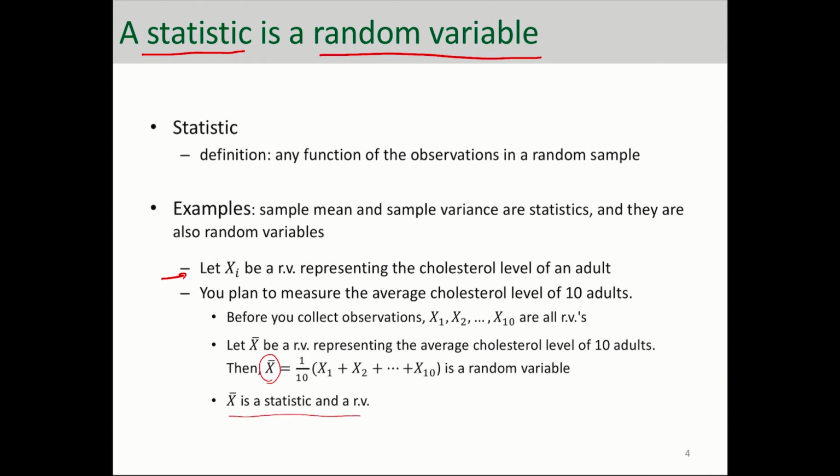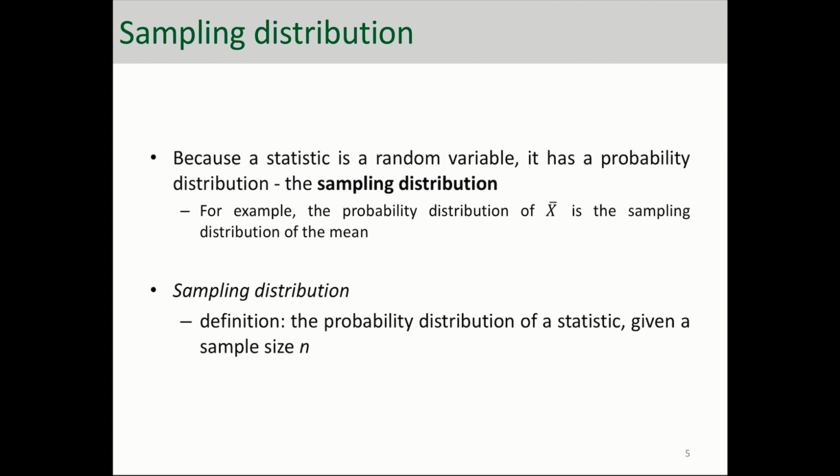So when you have a random variable, let's say x bar, which is the sample average, it should have a probability distribution. That is called the sampling distribution. Because a statistic is a random variable, it has a probability distribution, called the sampling distribution.